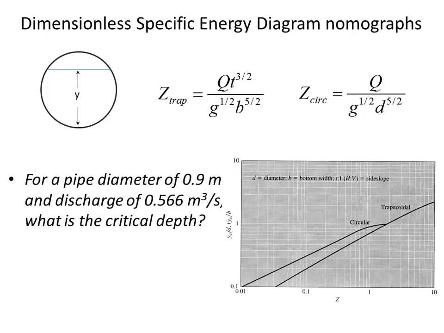In this case, 0.566 is the flow rate, and 9.81 meters per second squared to the 0.5 power, and then the diameter 0.9 meters to the 2.5 power. And that gives us a z value of 0.235. So with that z, we now go to the nomograph.